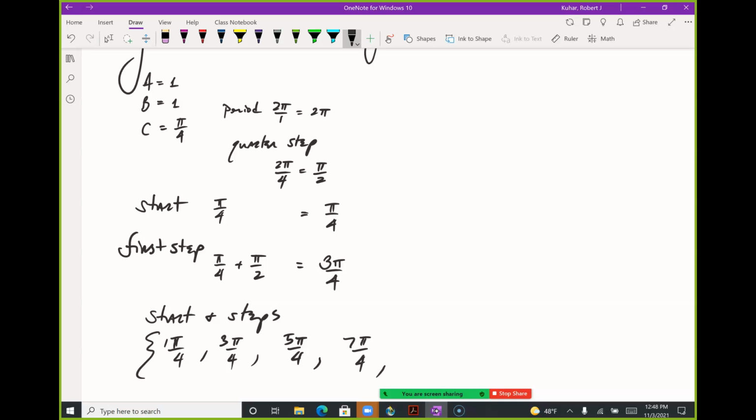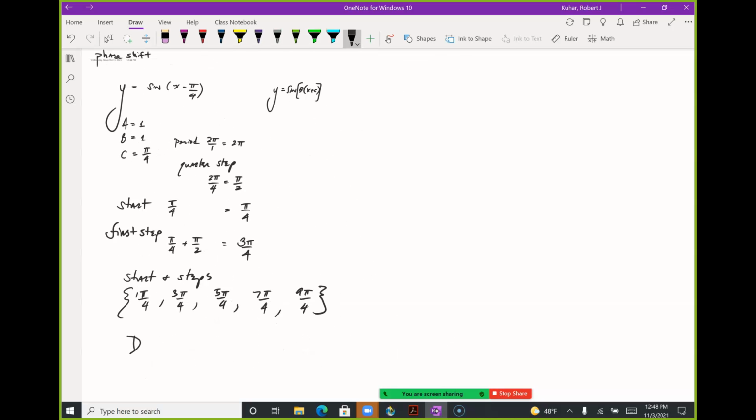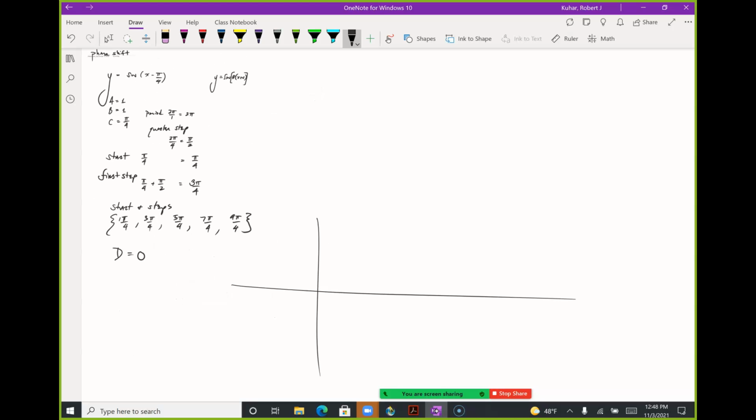And finally, my last quarter step will get me to 9 pi over 4. I'm going to do the same process every time. Once I get the start and the first step, I can use my knowledge of arithmetic sequences to know what the whole sequence is. Right? D, of course, is 0, so we're not going to change our midline. And now we have everything we need to graph this function.